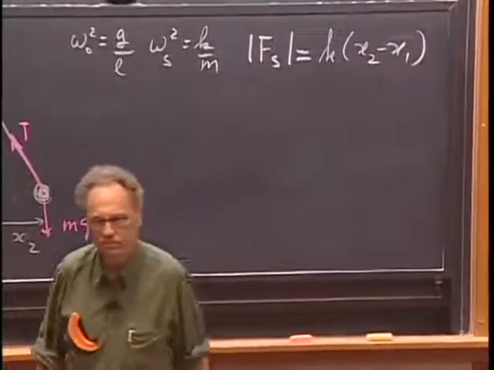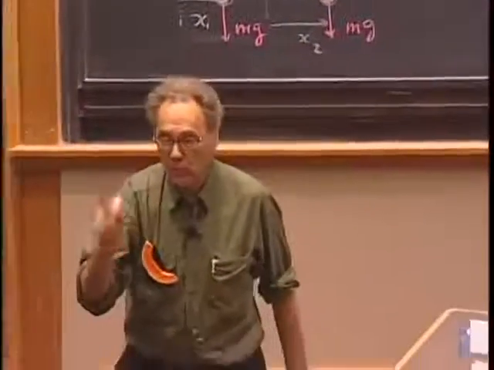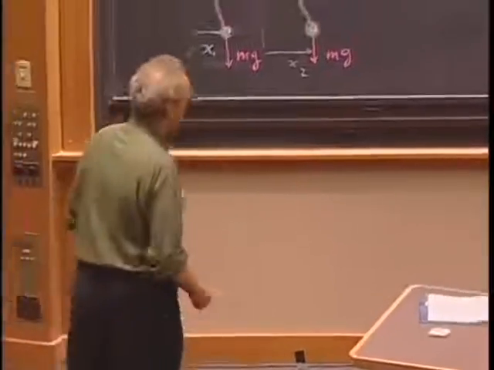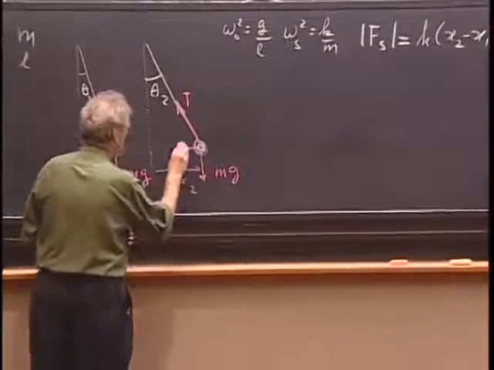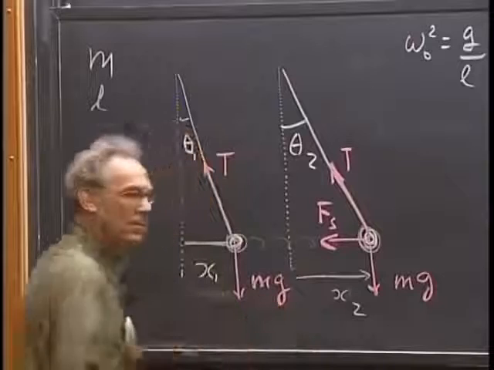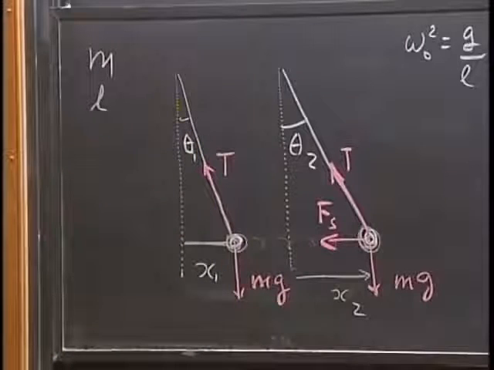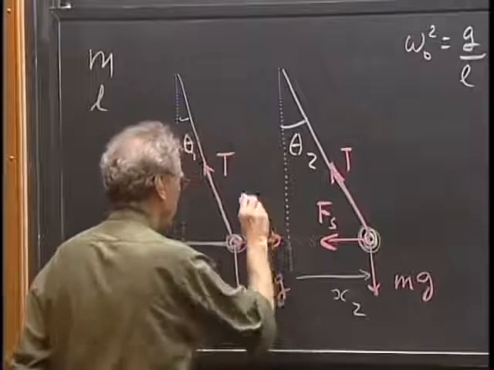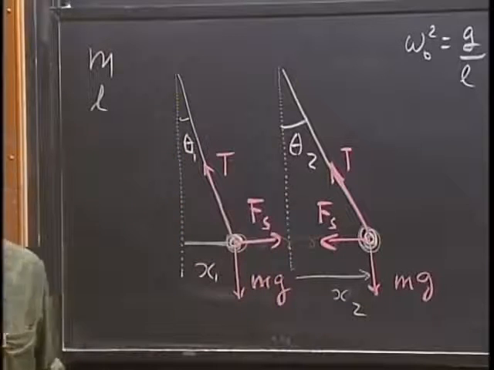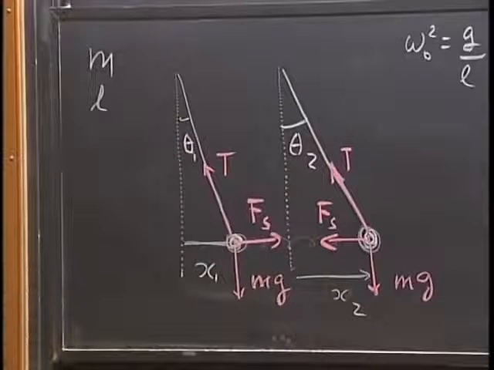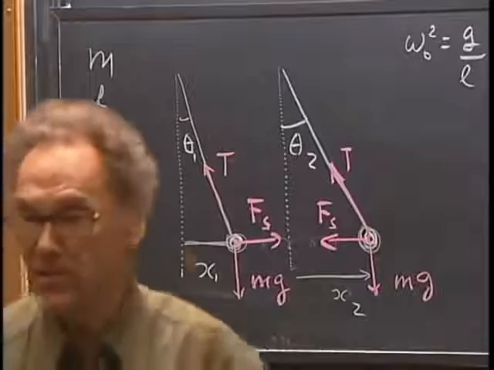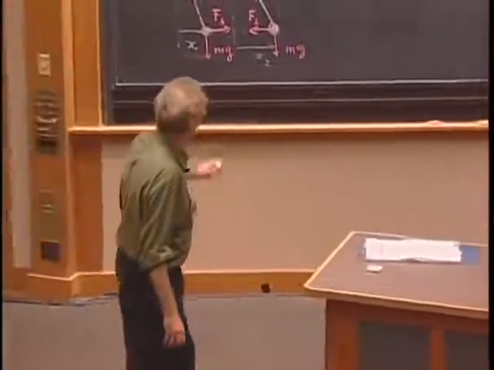Non-negotiable, right? Now, if x2 is larger than x1, do we agree that the spring force is in this direction? And do we agree then that this spring force must be in this direction? If x2 is larger than x1. Well, that means I can leave everything the way it is now.